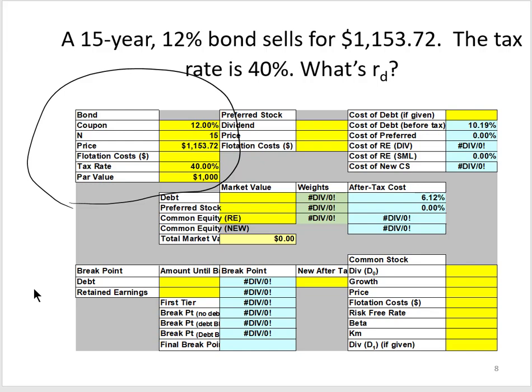That's the number we need here. So we need to know the coupon, in this case 12%, 15-year debt. Current price is $11.53. The tax rate is 40%, and the par value is $1,000. Now, if you note here, we have a space for flotation cost.